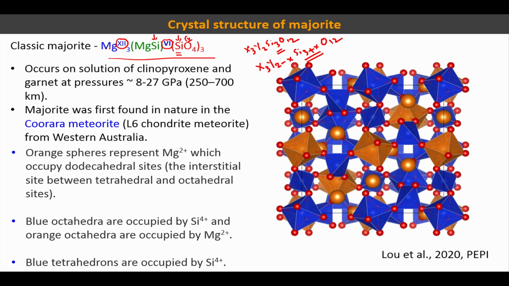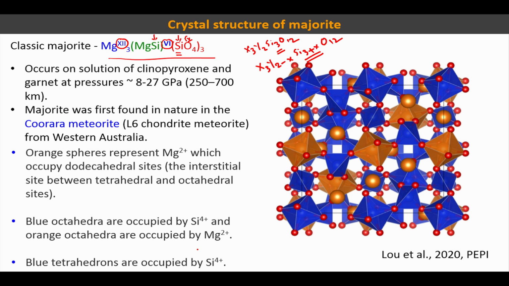So you have three different structural sites: 12-fold coordination with magnesium, then 6-fold coordination in which silicon and magnesium both will go, and then silicon, which will go only to the 4-fold coordination.